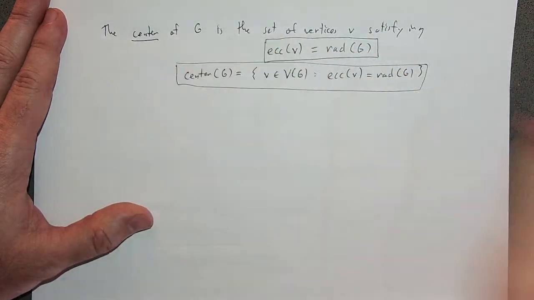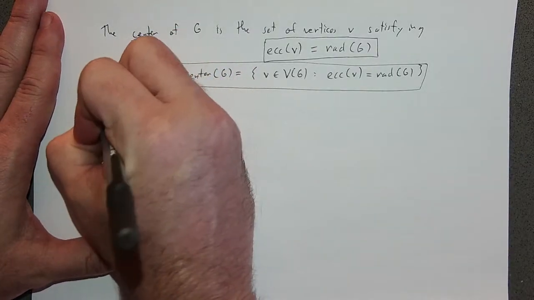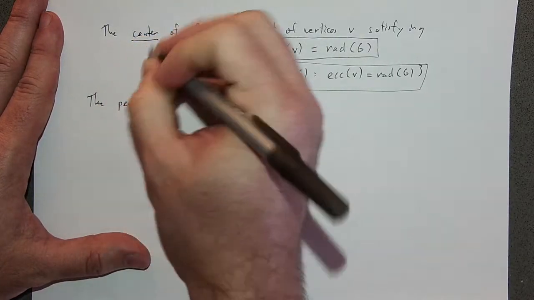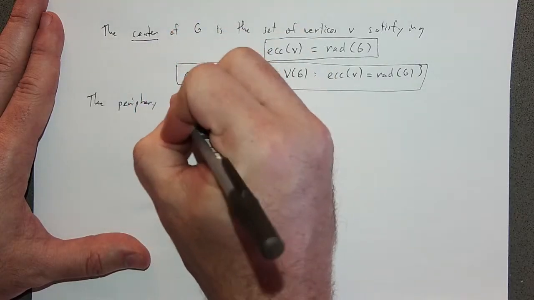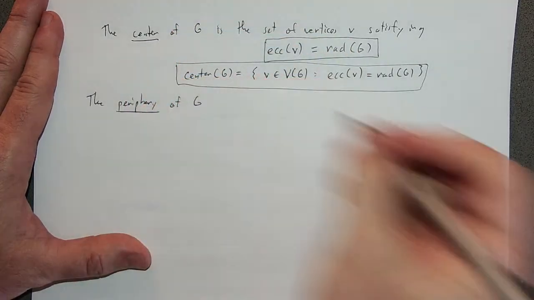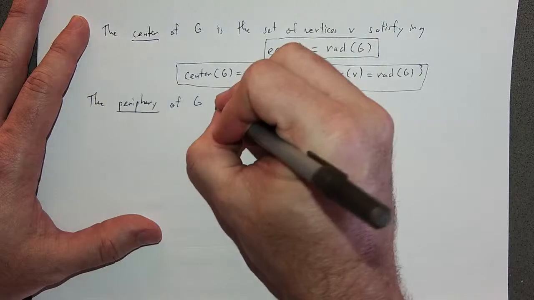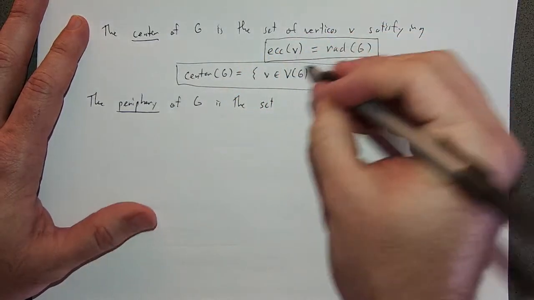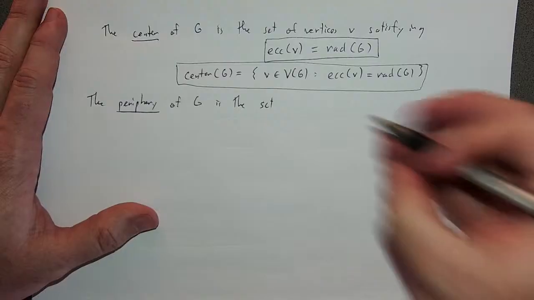The periphery of G is the set of vertices whose eccentricities are equal to the diameter.